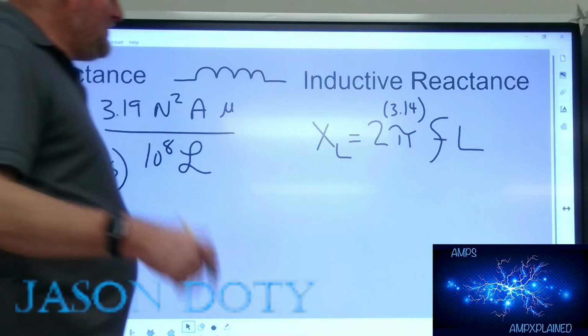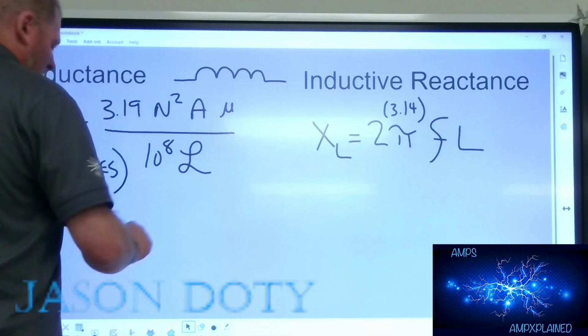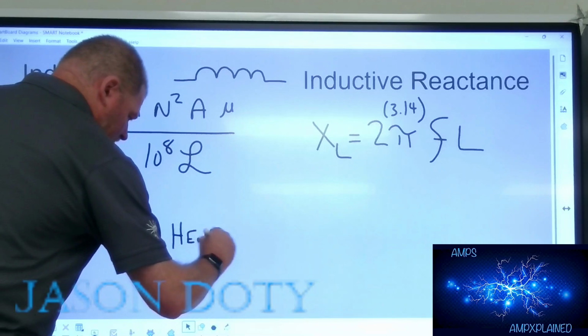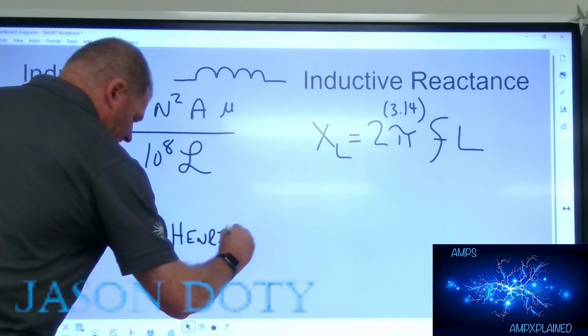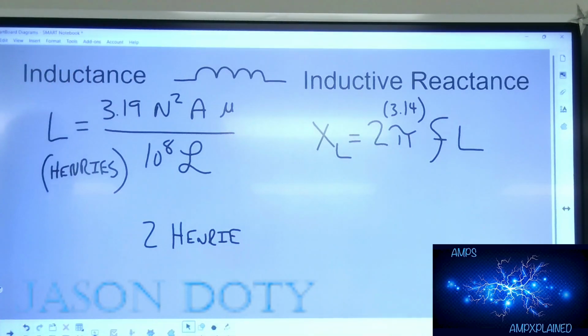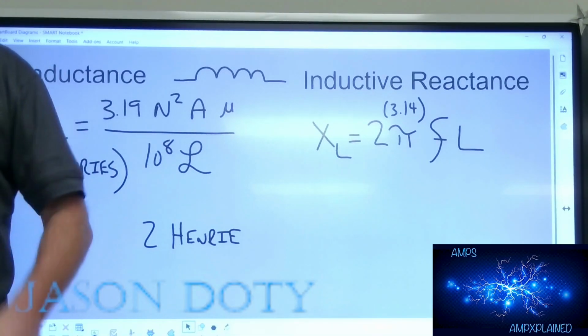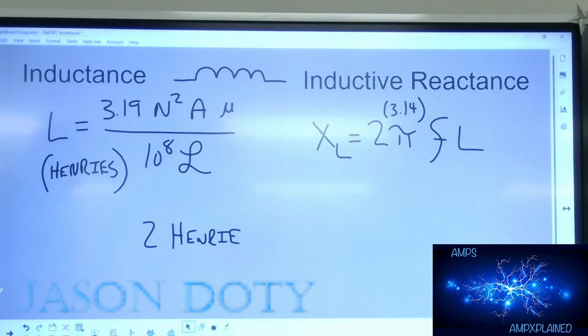I can't do much with Henrys, so if I had a 2 Henry inductor, I need to figure out how voltage and current are going to act, because it's going to be in opposition to that current flow. We know resistors are opposition to current flow. Now we're getting introduced to another form of opposition to current flow in inductive reactance.